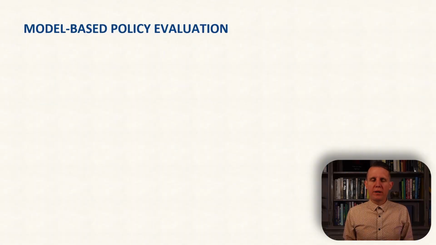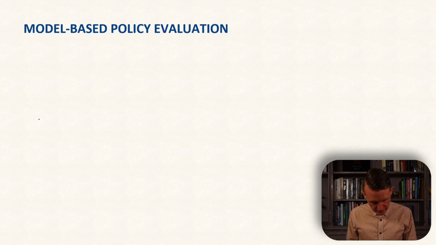Before we get to policy iteration, let's look at the idea of policy evaluation in a model-based environment. When we do policy evaluation, we want to evaluate the value of our policy in each state. We do this using the following expression. We calculate the value of a state S given a policy pi.